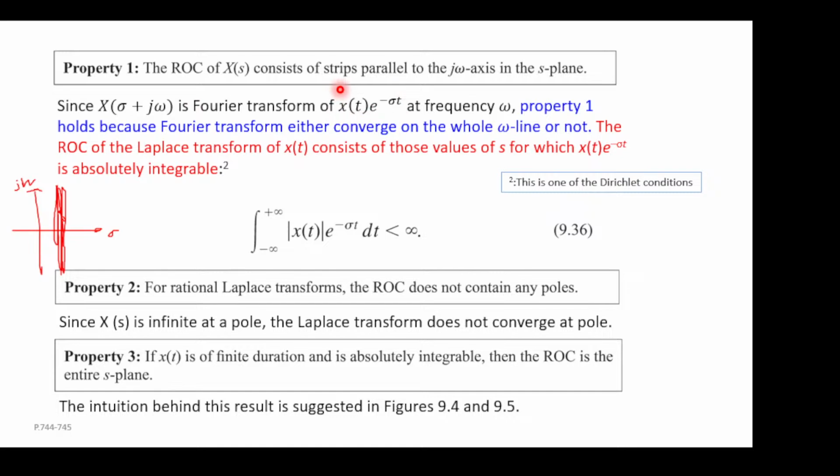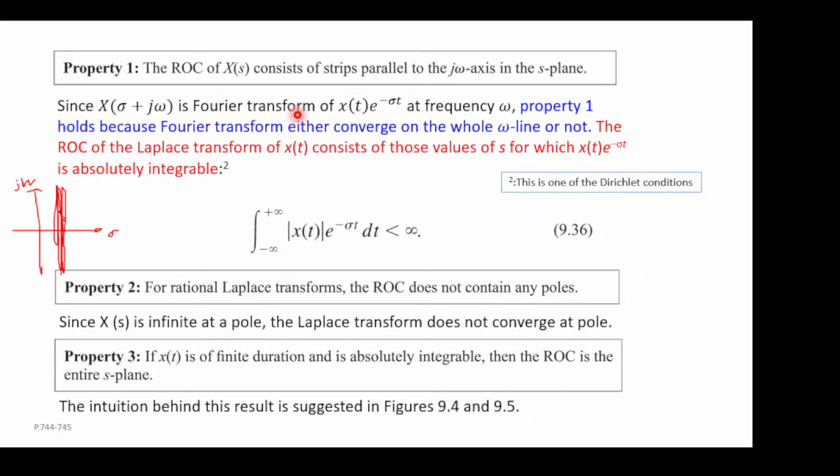And we just think this thing either converges for all omega or doesn't converge for all omega. So this line is a fixed sigma, and we think about how the convergence goes for different omega.